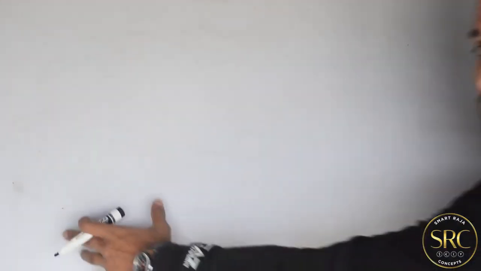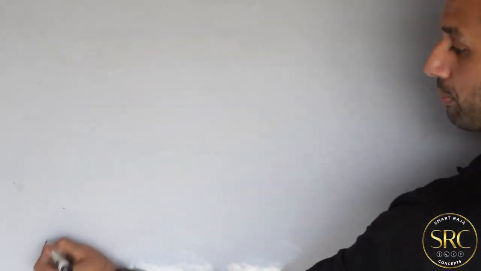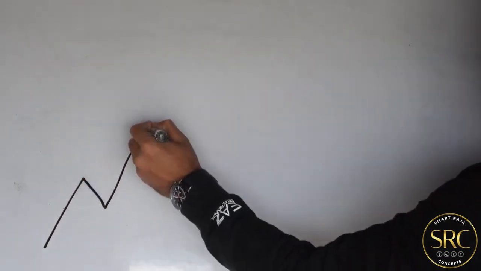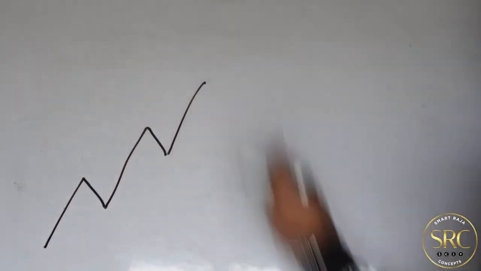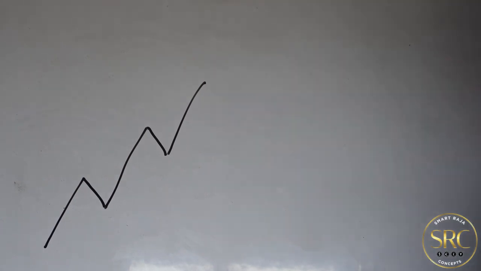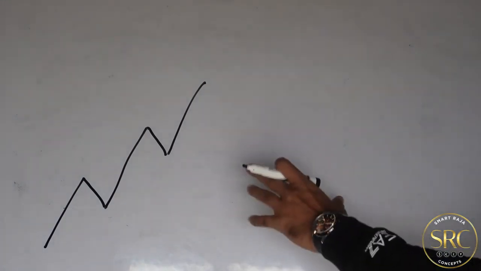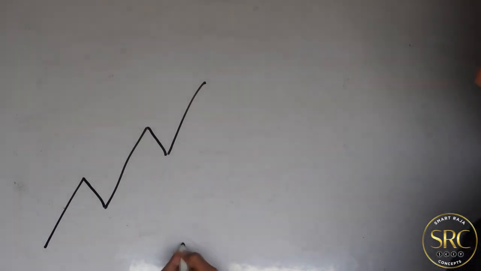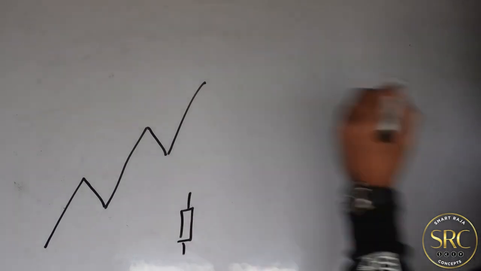So the basics of a trend is this: price moves up, we create a high, price comes down, we make a higher high, price comes down, we make a higher high, and so on and so forth, right? That's how price moves. Now, when we're taking a look at this from a candle's perspective, what happens? You have a candle that prints bullish.